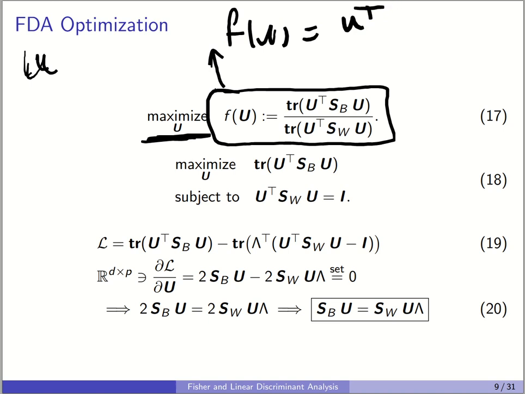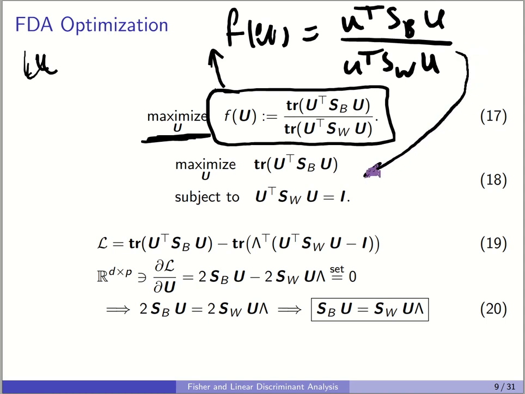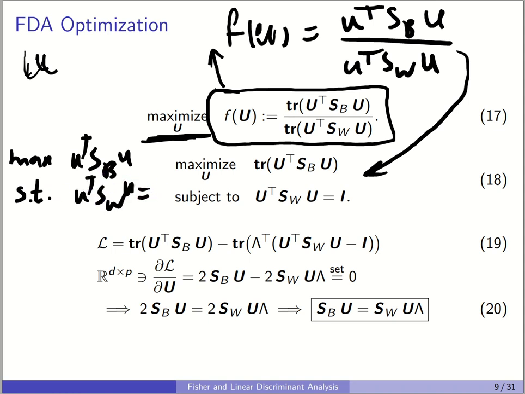When we only have one projection direction, the Fisher criterion becomes this. We don't have the trace anymore. In that case, maximizing this is exactly equivalent to maximizing U transpose S_B U subject to U transpose S_W U equals a constant, like 1.